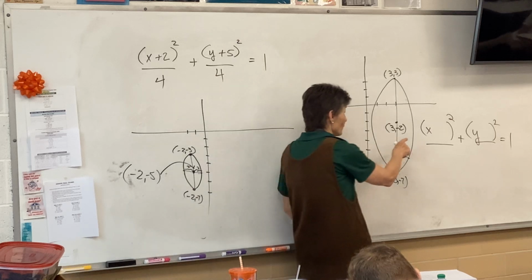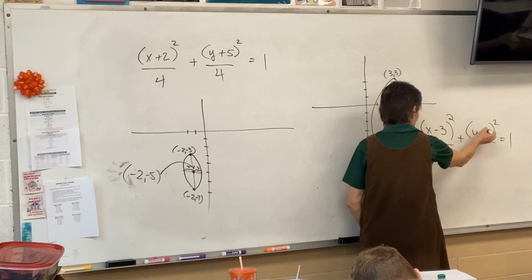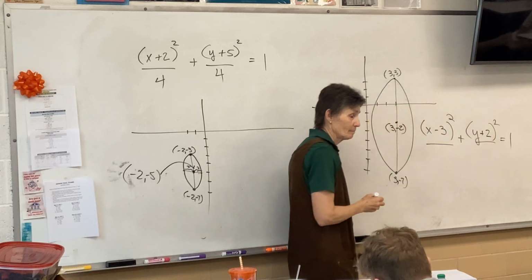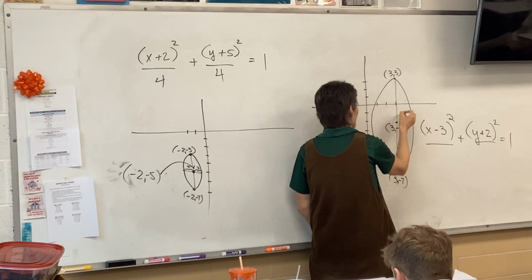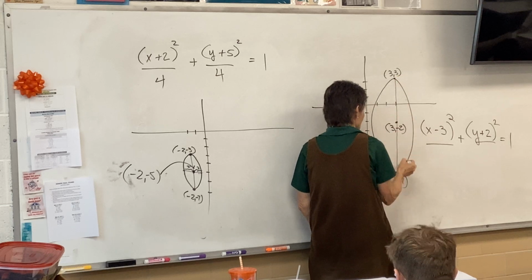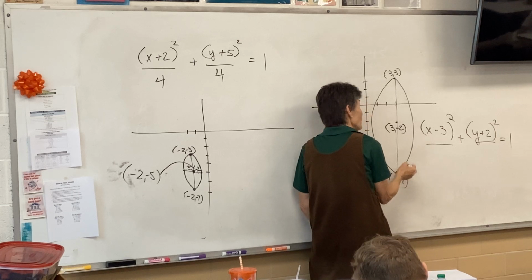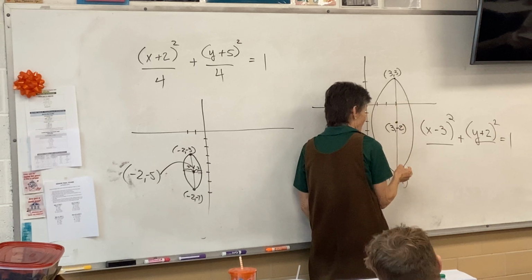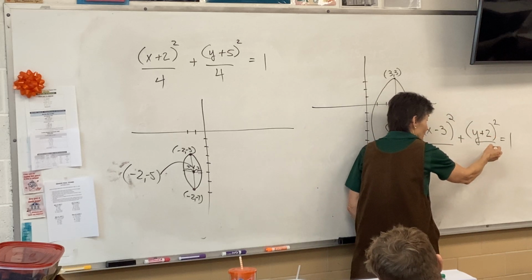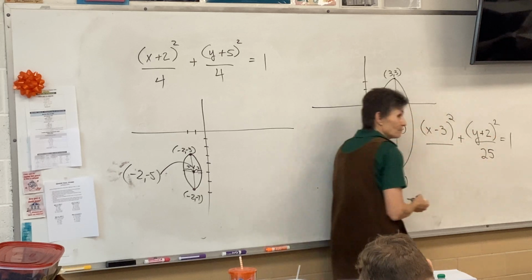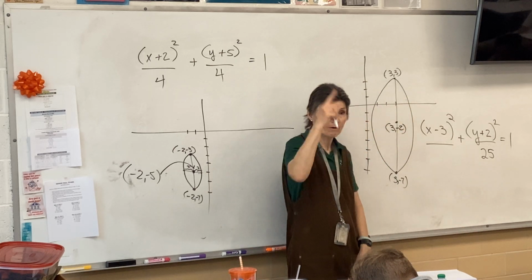What does that tell you about your equation then? (x - 3), (y + 2)? How far up and down did we go? 5? So if we went up and down 5, this number right here needs to be a 25, because the square root of that number tells me how far up and down to go.